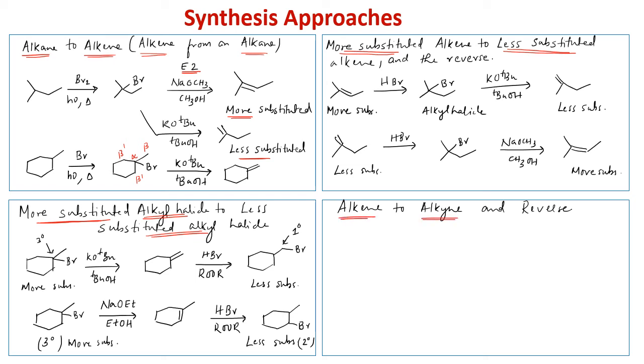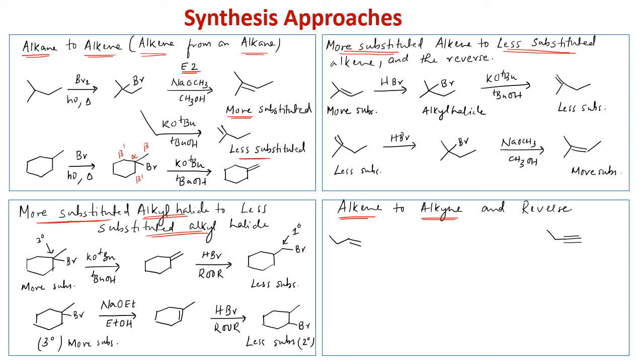Now let's look at how you convert an alkene into an alkyne. Okay, how would I convert an alkene into an alkyne? So let's say that we have an alkene, which is this guy here, and I want to convert this alkene into an alkyne.